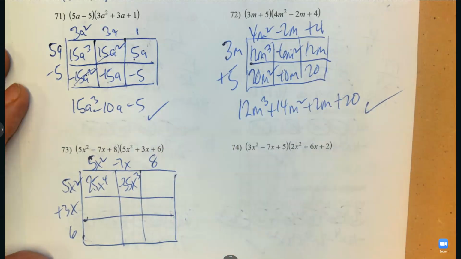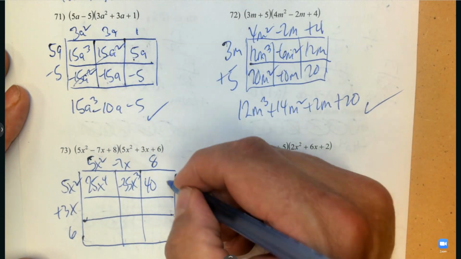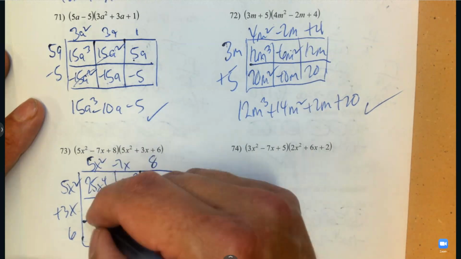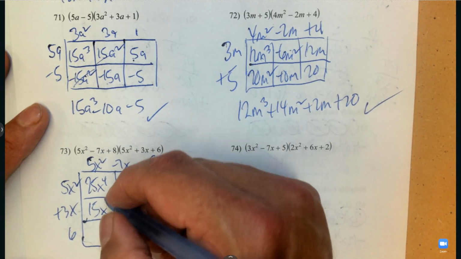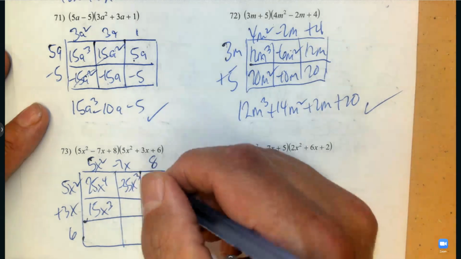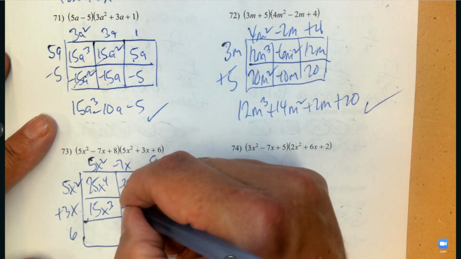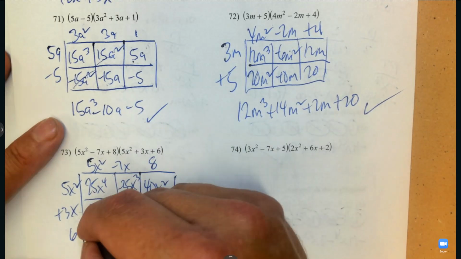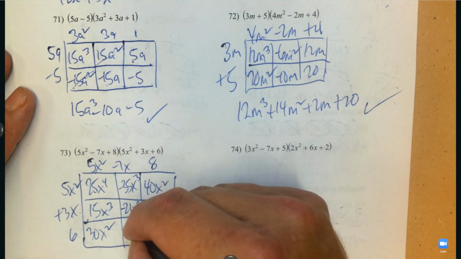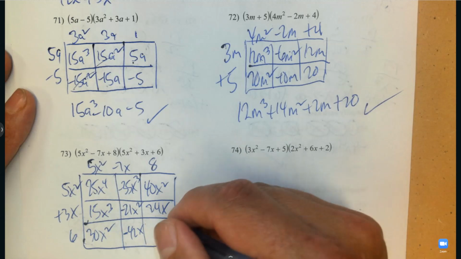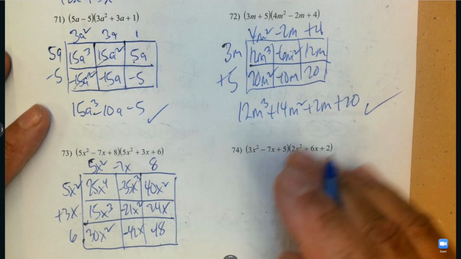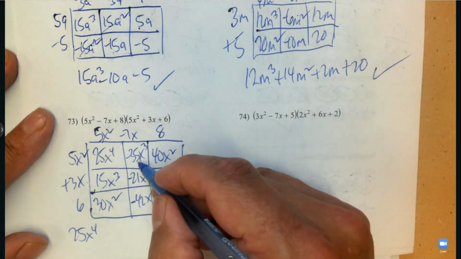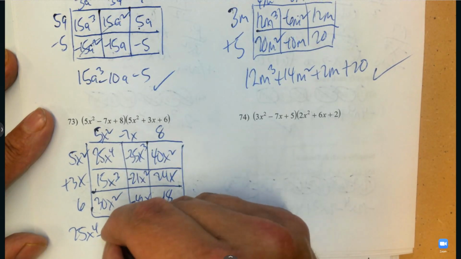Add the exponents. 8 times 5. 5 times 3. 3 times negative 7. 3 times 8. 6 times 5. 6 times negative 7. And 6 times 8. And all together I get 25x to the fourth. Negative 35 plus 15, that's negative 20.